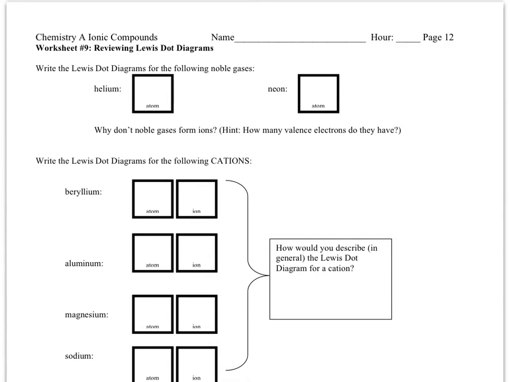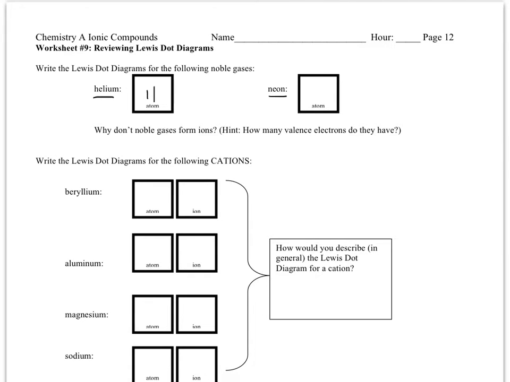So, let's just kind of remember, right? Helium and neon up here are both noble gases, okay? Helium is in the first period of the periodic table, so it only has just an s orbital, and that s orbital can only hold 2 electrons, okay?